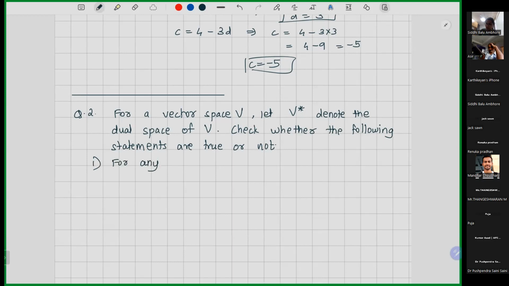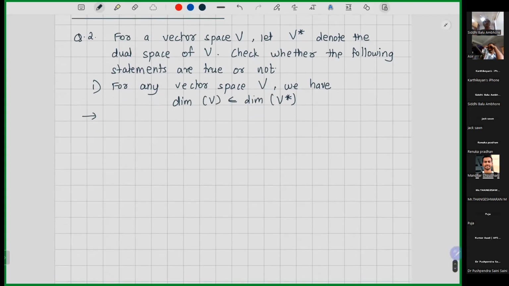So first is, for any vector space V, we have dimension of V less than or equal to dimension of V star.